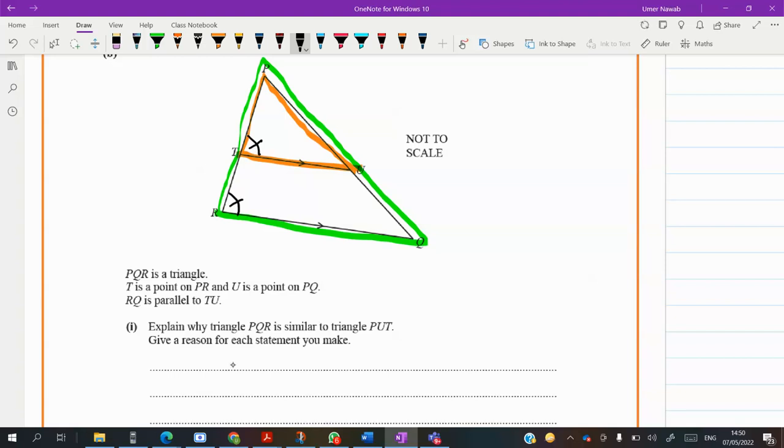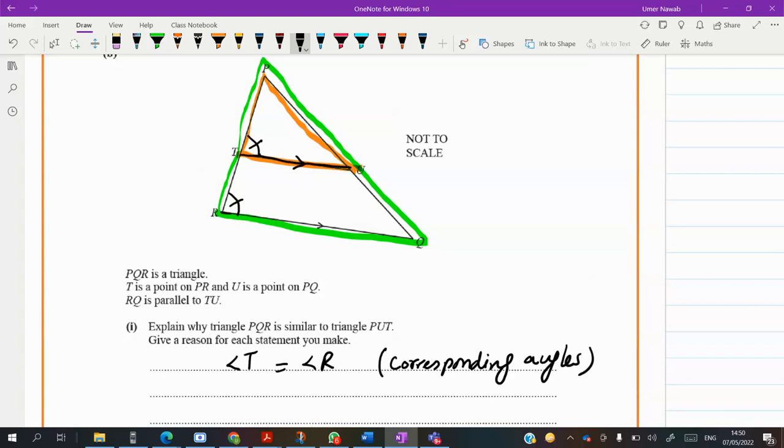So angle T is the same as angle R. So they are corresponding angles because we have two parallel lines.